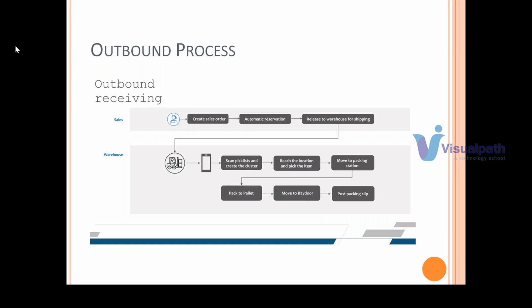It will be required in location profiles, so most of them need to be set up. It's mandatory and crucial that we set up the location profiles. And this is about the outbound process.